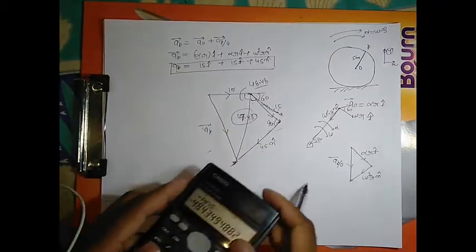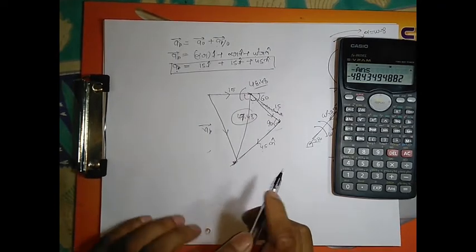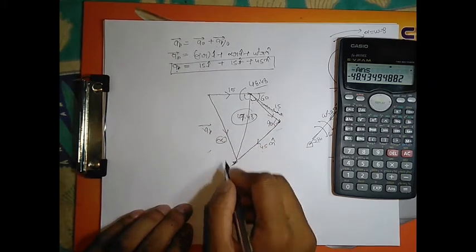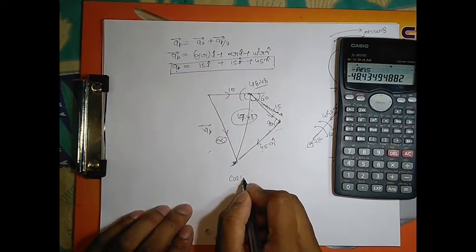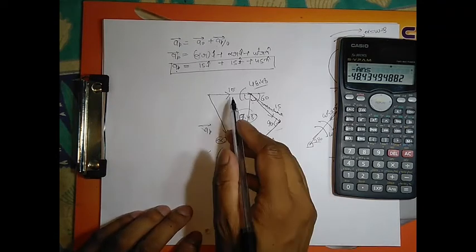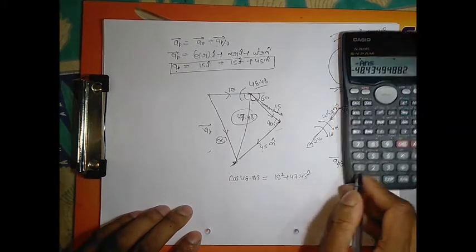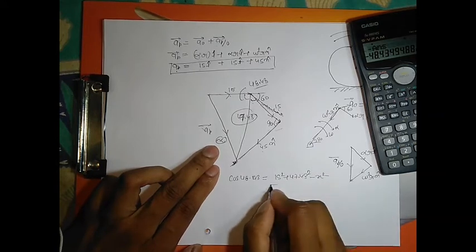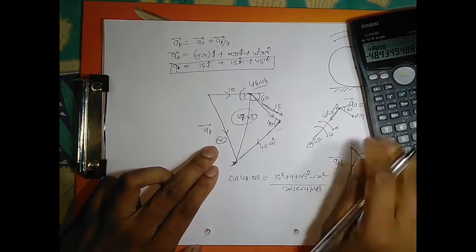If in any triangle you have 3 data, then you can find any other data of the triangle. So you can find this length, suppose this length is x. Cos 48.43 equals this square plus this square, 15 square plus 47.43 square, am I right, minus x square, divided by 2 into 15 into 47.43.